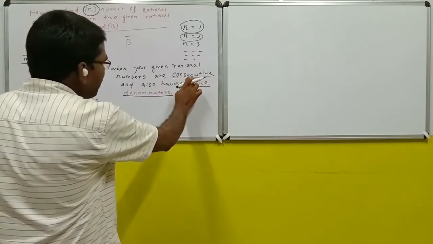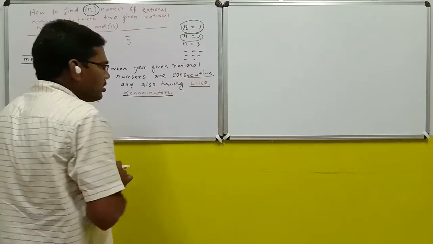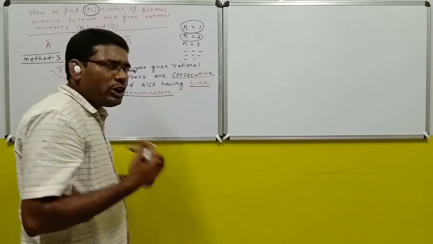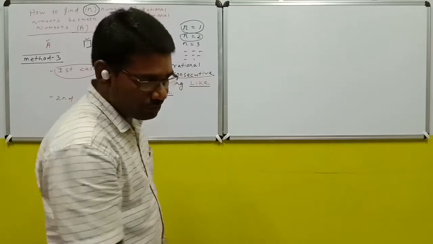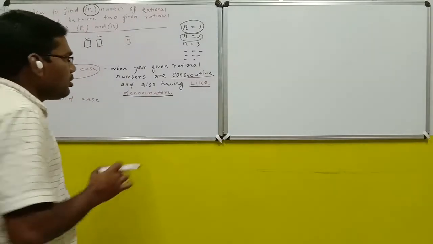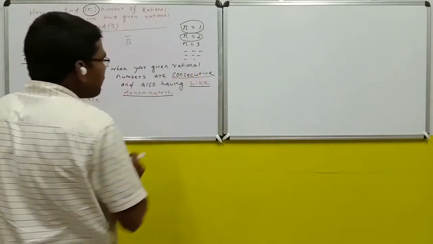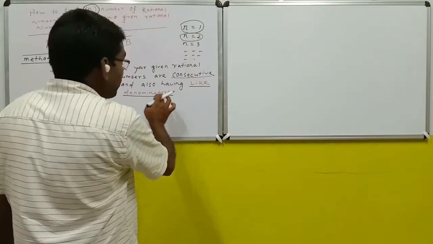So what do you mean by these two terms, consecutive and like denominator? First you have to know what is consecutive and what is having like denominator.